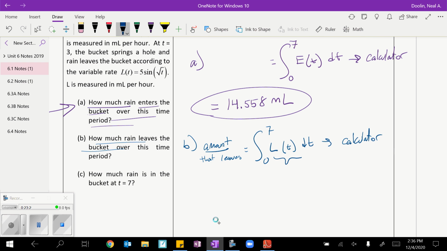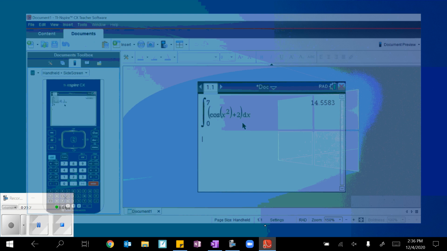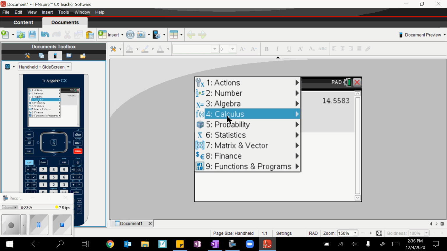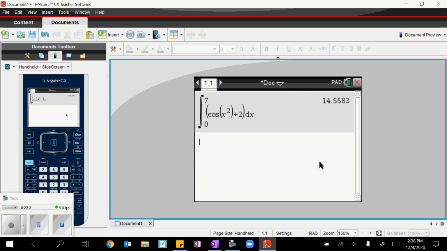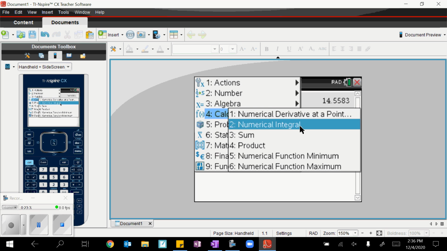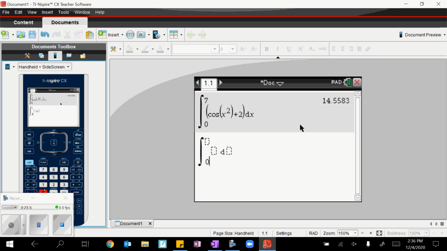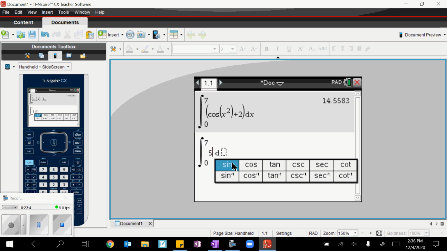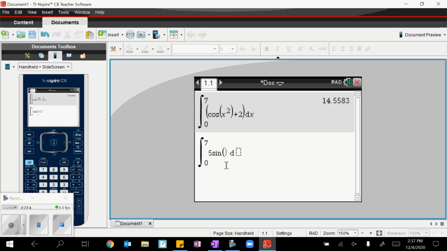So let's see. Same thing. We got to punch it in the calculator here. Menu, calculus, integral. It goes from 0 to 7. And this one was 5 times the sine of the square root of t dt.